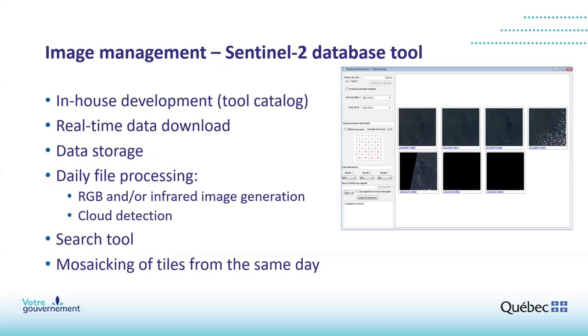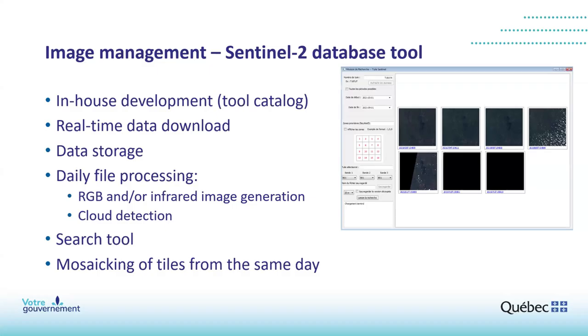The user can then manually select the tiles of interest through the interface. Based on the selection, the tool automatically downloads the data with a limit of 4 simultaneous downloads. All the downloaded data is stored on our internal server for long-term access.